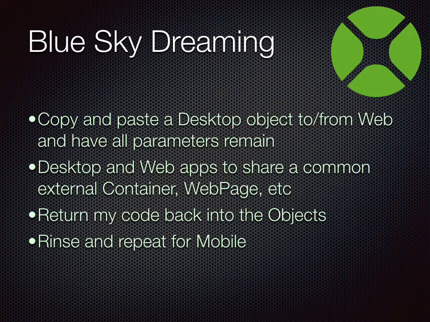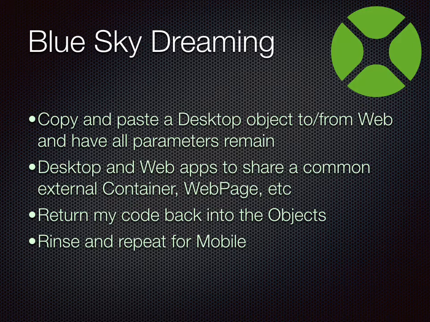It would be nice to be able to take an object, say a desktop button or something from the desktop, and copy and paste it into the web, or copy a button from the web and paste it into the desktop, and have all of its parameters remain, all the coding underneath it remain there as in the pasted version. Now we're nowhere near that level yet, but that would be nice to have.